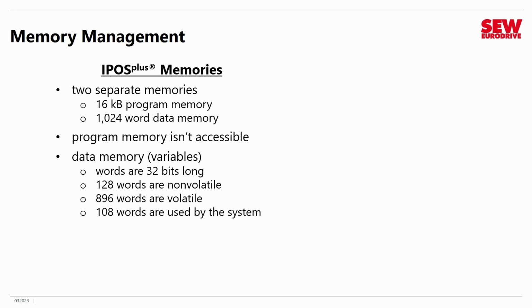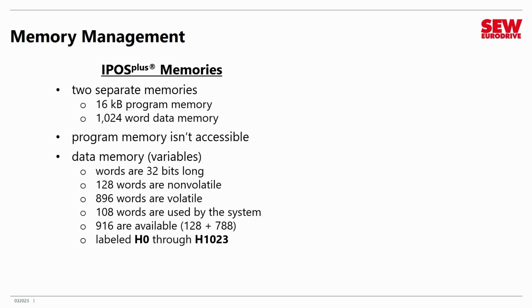108 of the total words are used by the system. The system uses this for its own use and also for reporting status information and other things. And you can access many of the system's reserved words as well. So you have a total of 916 available to your program for general purpose use, the 128 non-volatile ones and the 788 remaining ones.